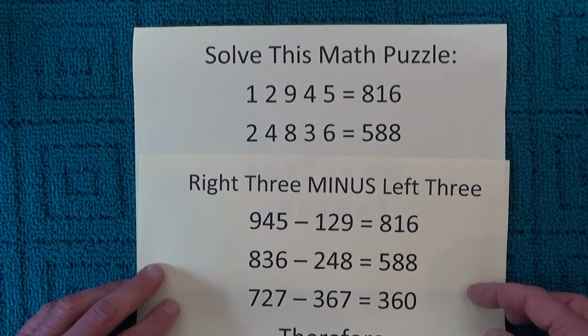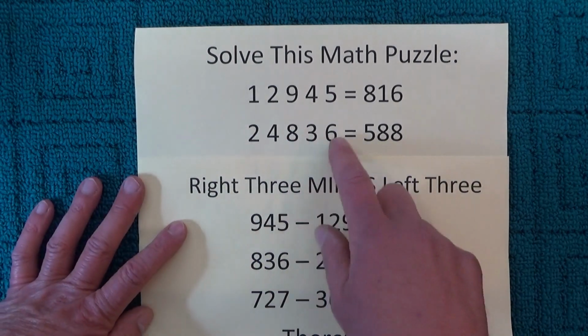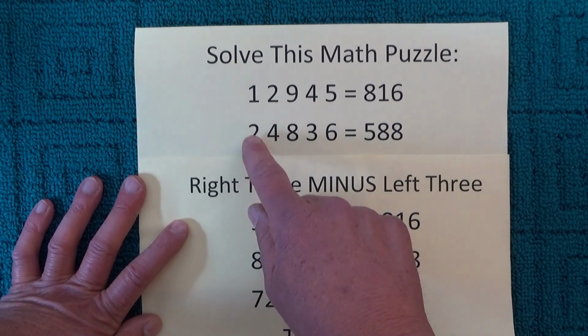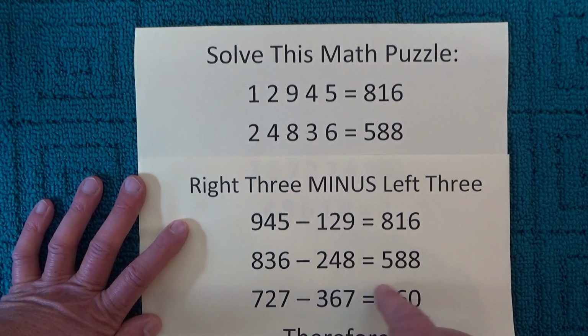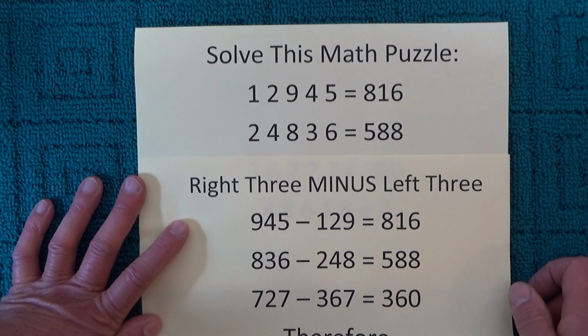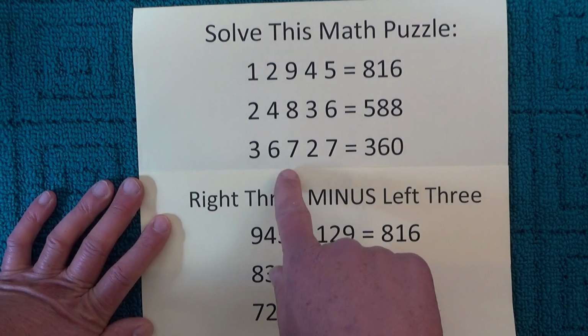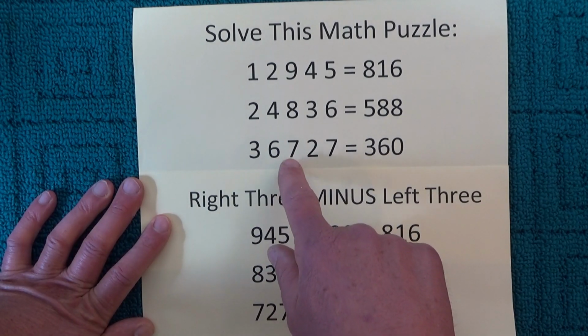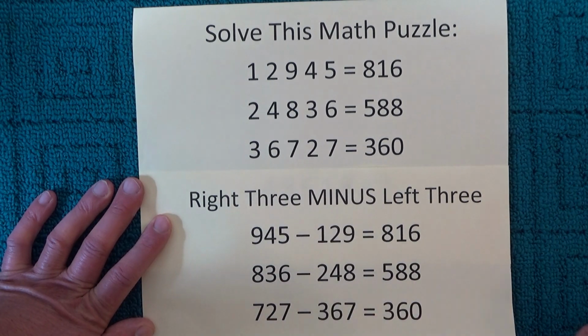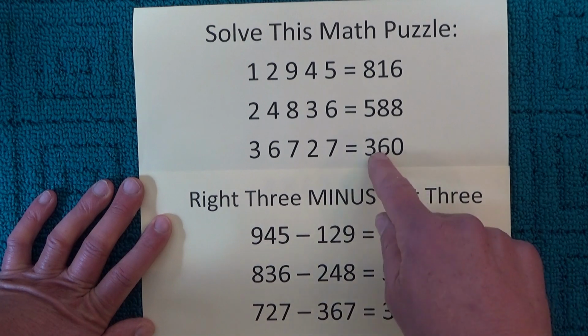And the same here, 836 minus 248 equals 588. And then in the third in the series, we've got 727 less 367 equals 360.